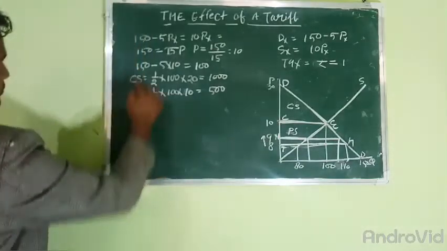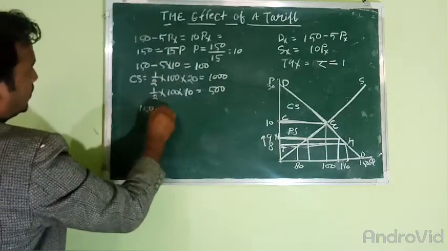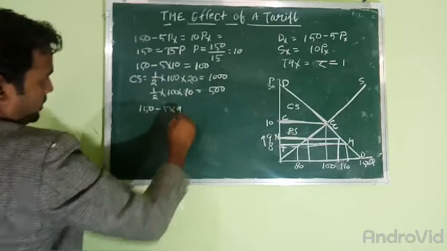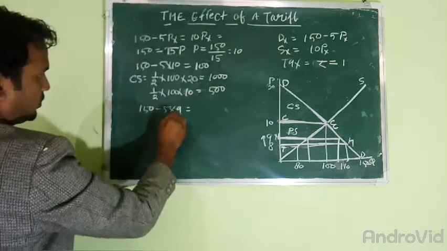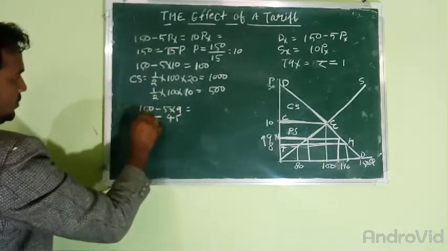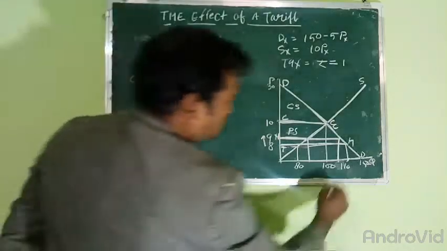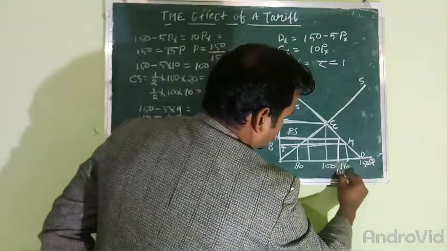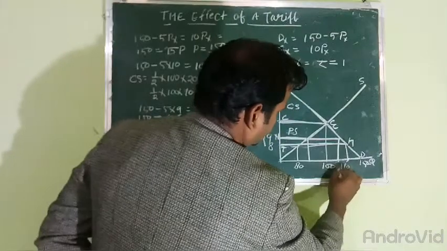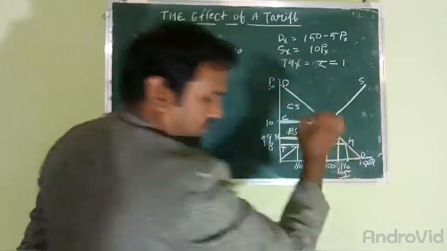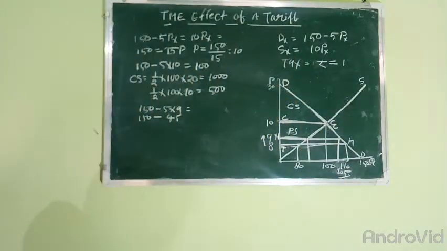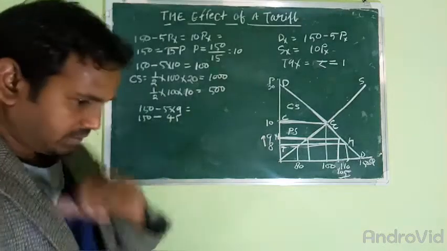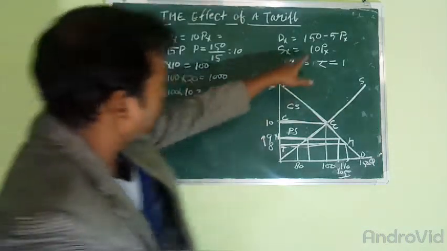How can you find it? 150 minus 5 into 9 is equal to 45, 150 minus 45 means 105. That is the quantity demanded, 105. And supply is 10 into 9, that is 90.